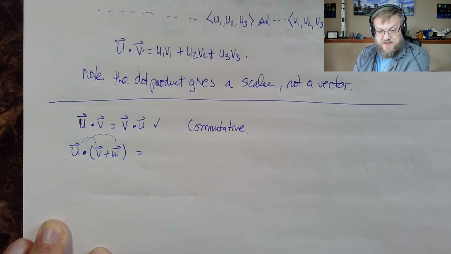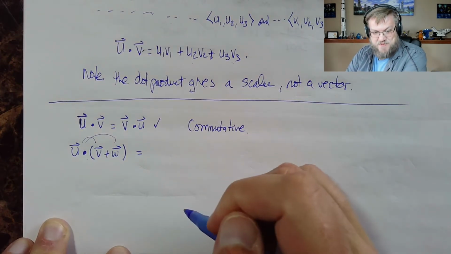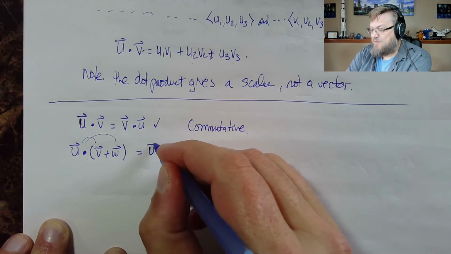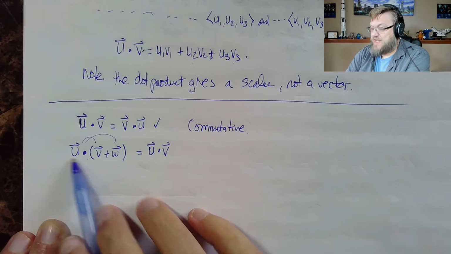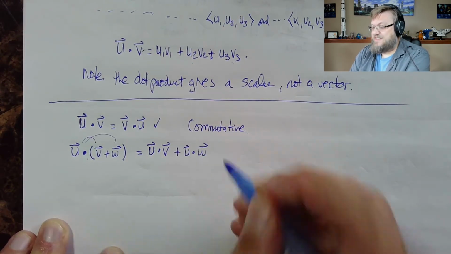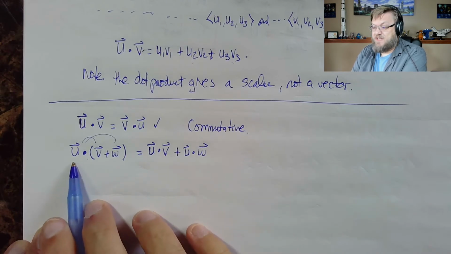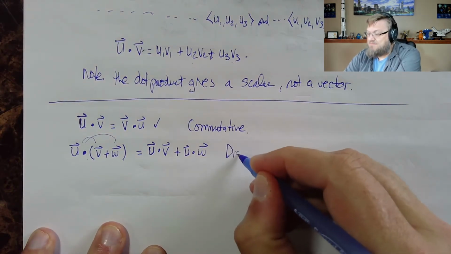The way that it's defined, I do get that property. So it acts like the multiplication that I want. This is yet another thing I want multiplication to do. Distribute over addition. U dot v plus u dot w. That's the same thing as if you did u dot v plus w. This is called a distributive property.